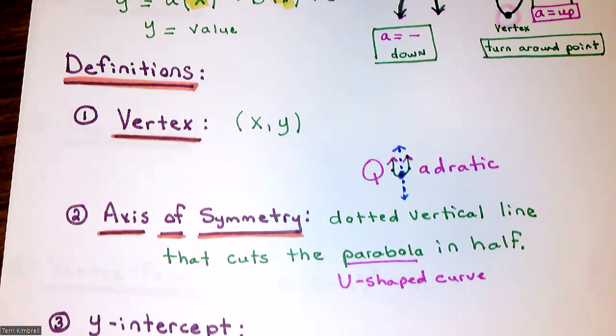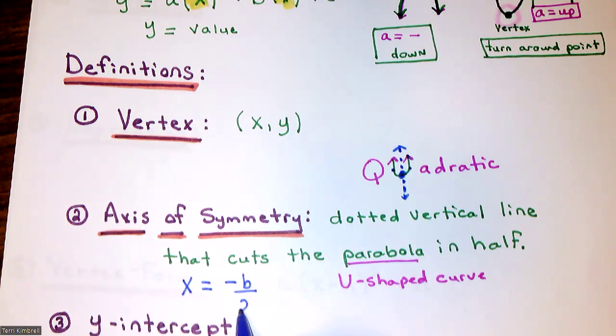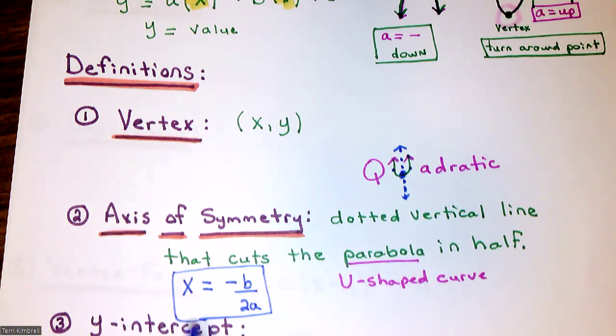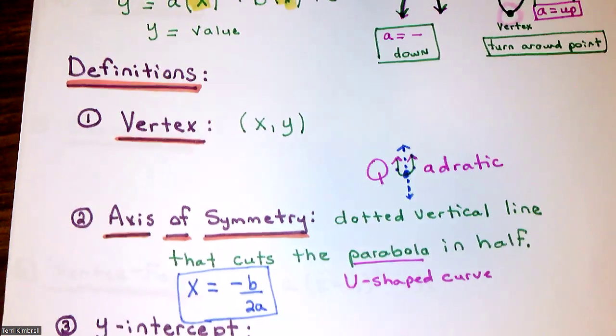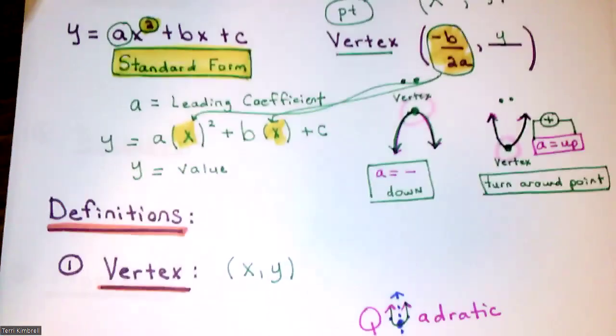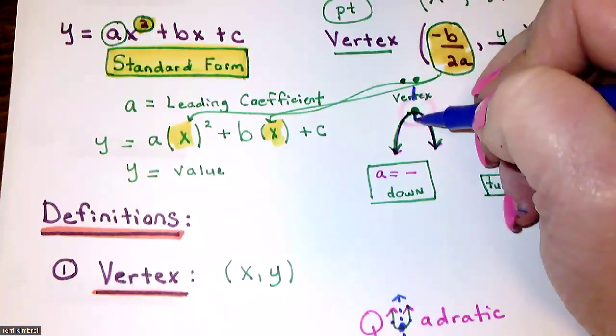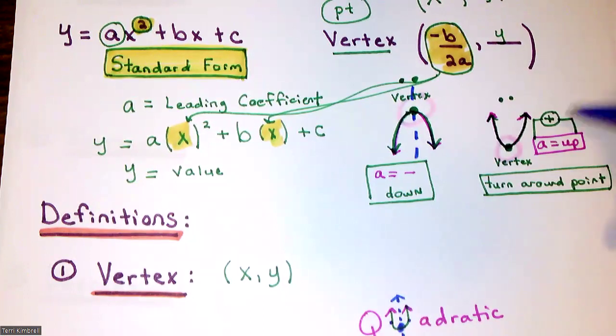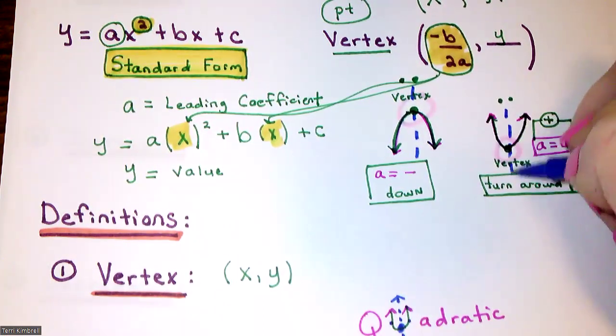The axis of symmetry is always going to be x equals negative b over 2a. It's going to go right through your vertex.